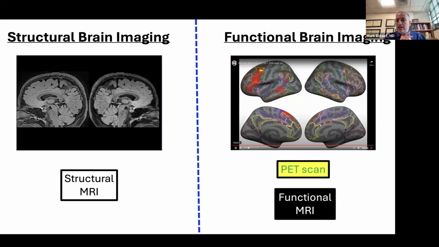What I just described is an example of functional MRI, but you can also do a PET scan, which we're going to talk quite a bit about, to see the activity, the blood flow, the metabolism of the brain, where certain chemicals in the brain are being concentrated, and so on and so forth.